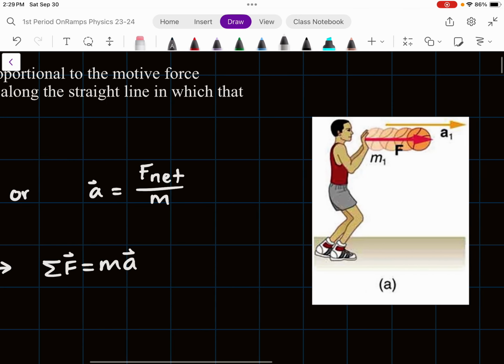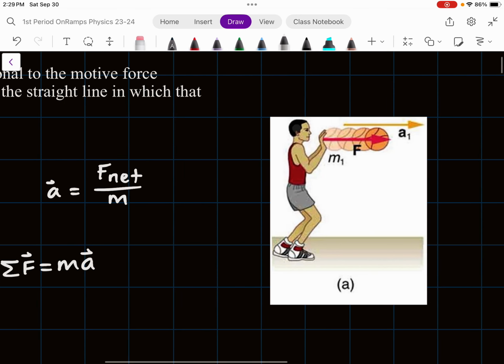What that means is if there's a force, just for this case, to the right, meaning that the acceleration will be toward the right. Okay, that's all it means. If there's an acceleration, the direction of the net force will have that same direction. If there's an acceleration to the right, there's a net force to the right.